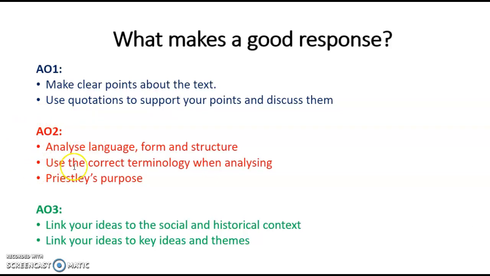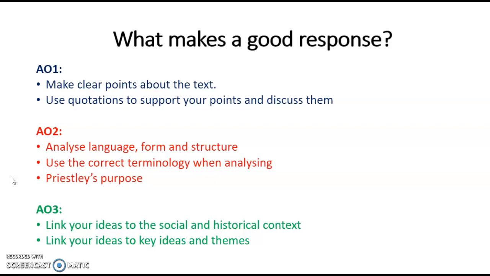You need to zoom in on language choices and talk about the significance of form and structure as well. When you are analysing, make sure you're using the correct terminology. What word types have been used here? What dramatic devices have been used by Priestley that you've been introduced to while studying An Inspector Calls, like dramatic irony and stage directions?